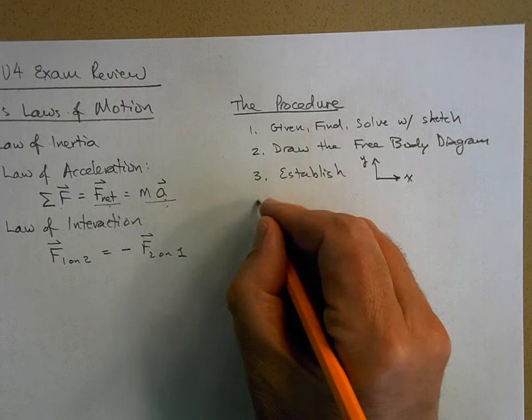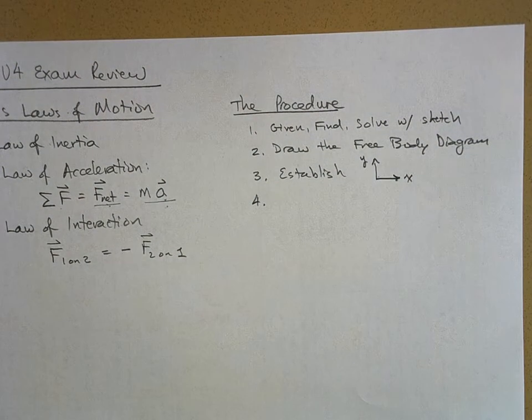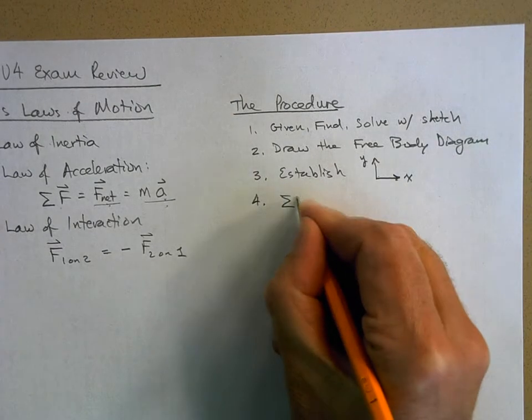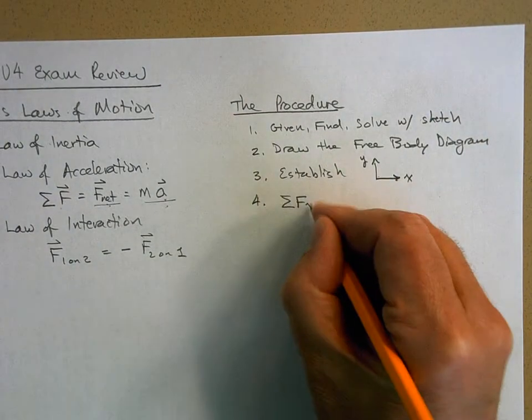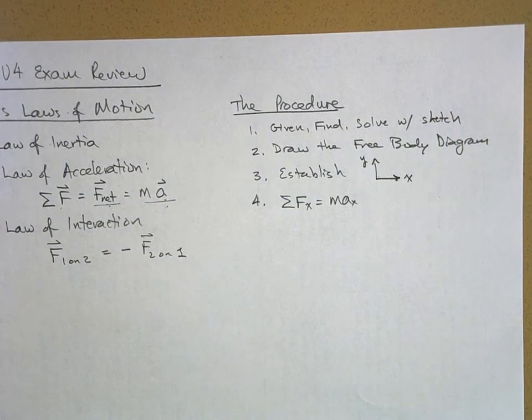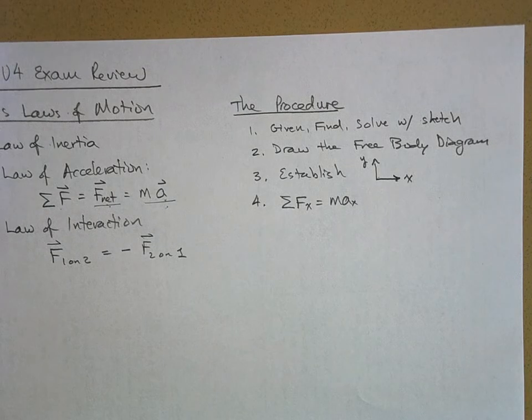And then step 4, once you've got your free body diagram drawn and you've identified your x and y directions, then you can sum the forces in the x direction equals ma in the x direction. You just look on the free body diagram and ask, what are the forces just in the x direction?